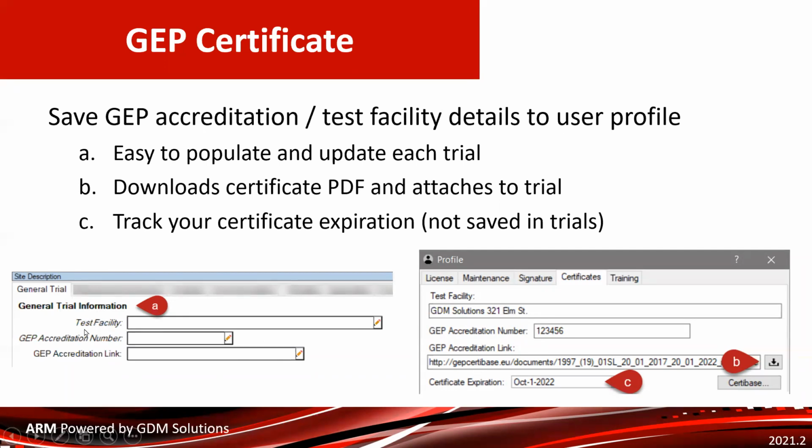Then you can see we made these read only, and there's the pencil mark here that will bring you to the profile. And then a button just says, all right, copy this information into this trial that I have open. And again, it is specific to the trial. So a protocol does not have these fields because it would be specific to the trial that is being performed.